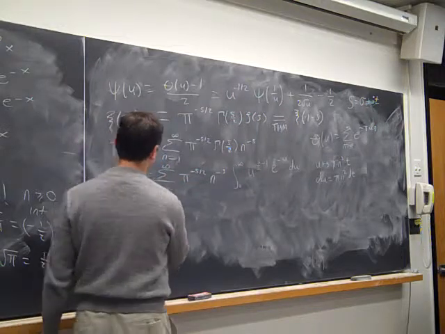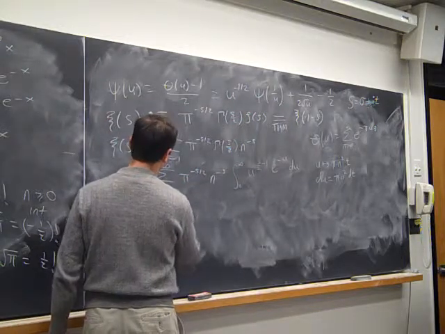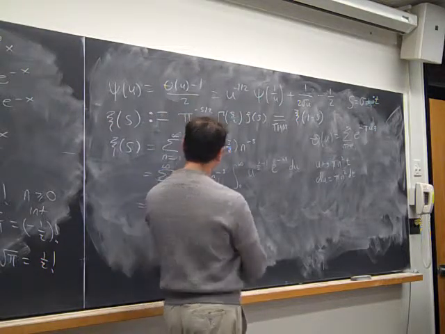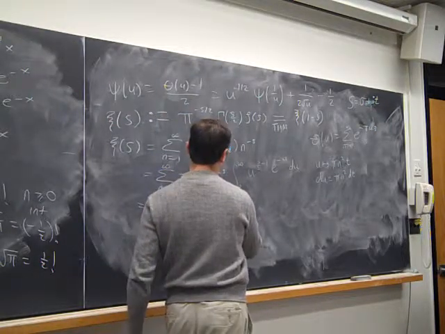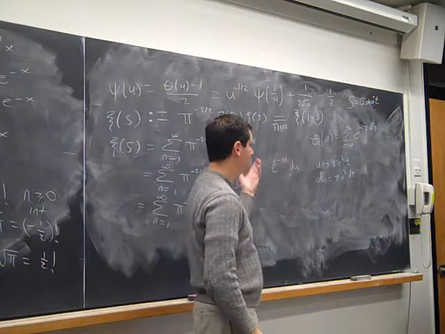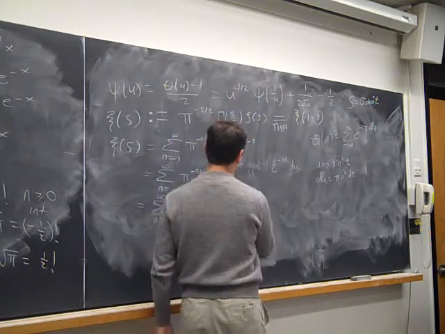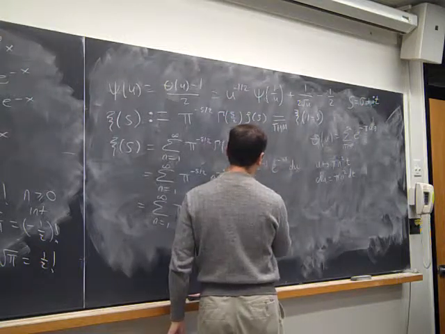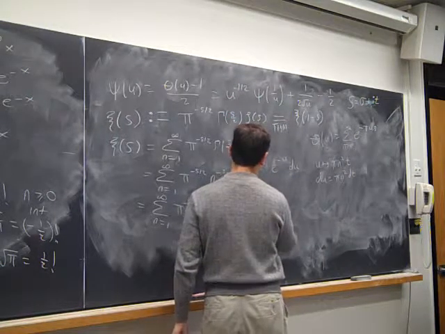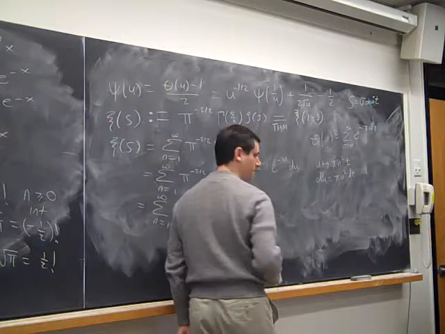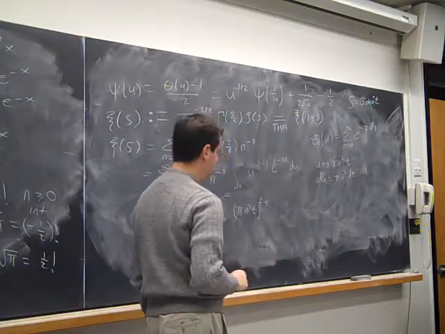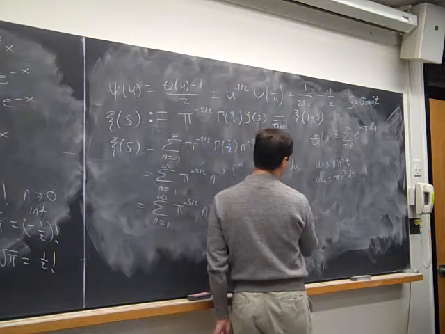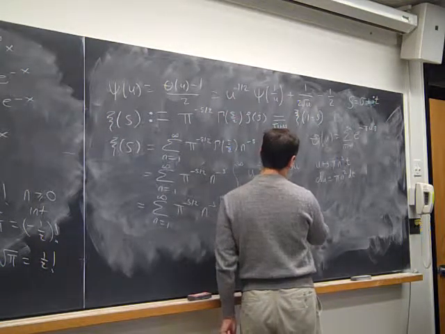And let's see what we get. We get the sum, and it goes from 1 to infinity, of pi to the minus s halves, n to the minus s. As u goes from 0 to infinity, t goes from 0 to infinity. U is now pi n squared t to the s halves minus 1. E to the minus u becomes e to the minus pi n squared t.